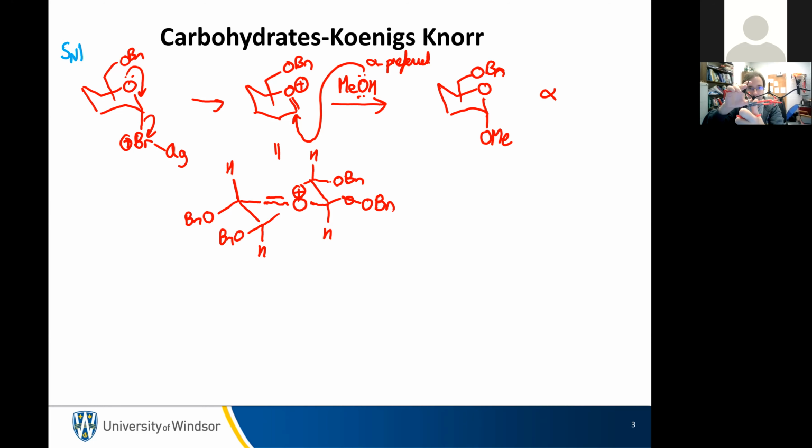That's a good chair. This is a very favorable interaction. It also happens to lead to the alpha product. So the alpha product results because the most stable twist boat or twist chair, when it reacts alpha, leads to the most stable chair. Now, if it reacts beta, that means it's attacking from the top.